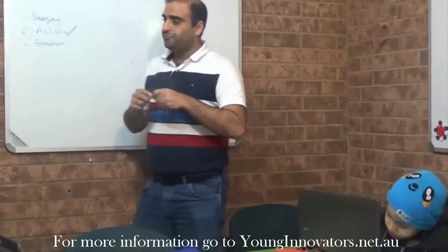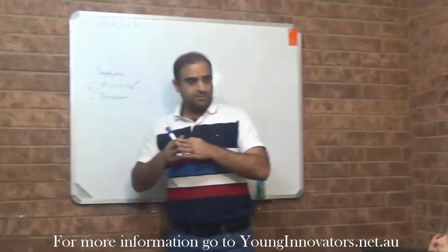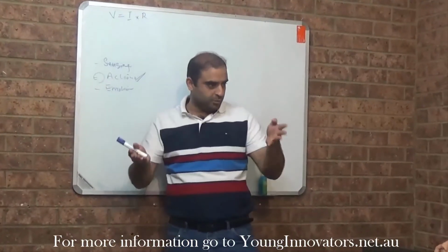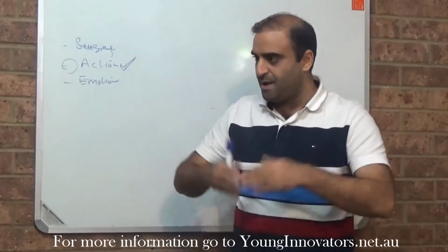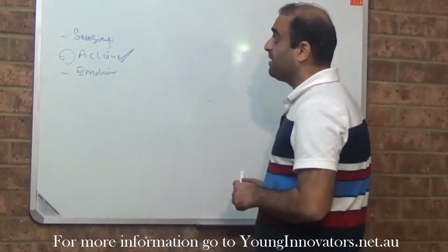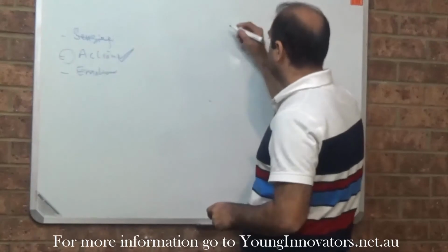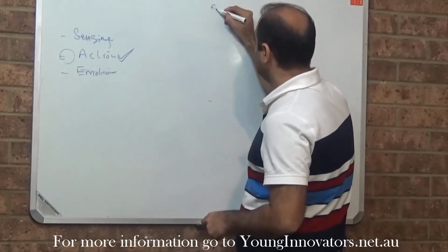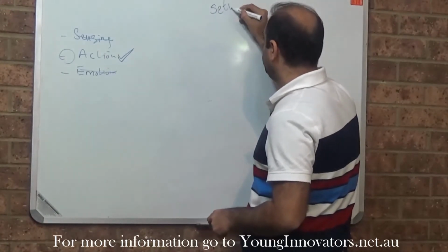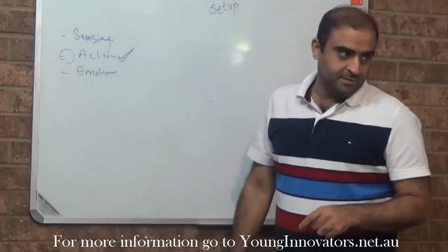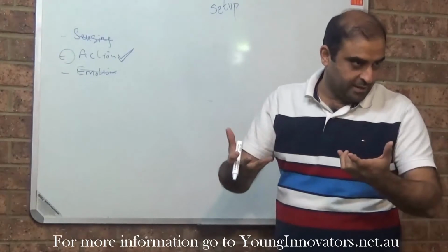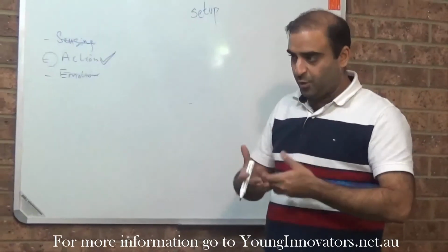So first, we have to give birth to a robot, right? The robot has to be born, and then it can perform action. So how do you give birth to a robot? It's called setup. Setup is setting up a robot, when a robot is live.